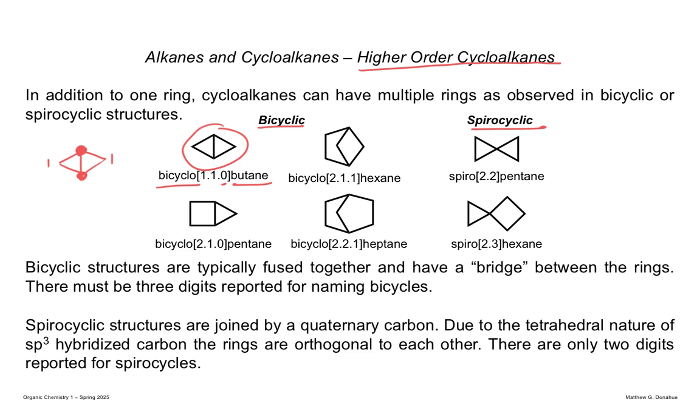So if you look at this one, bicyclo[2.1.1]. There's 1 carbon, there's 1 carbon, and then you have 1 and 2. So really what it's telling you is, as you walk from the bridgeheads, how many carbons are you encountering on each path?